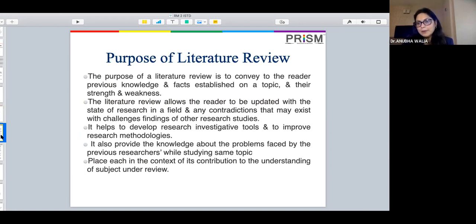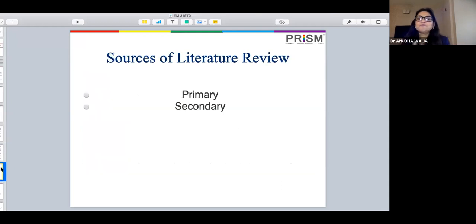Please remember the purpose of literature review, which I have already mentioned, so I'll not go deep into it. The purpose is to convey to the readers the previous knowledge and develop the research investigation tool. You can also update the state of research, place it into the context of the contribution, and so on.